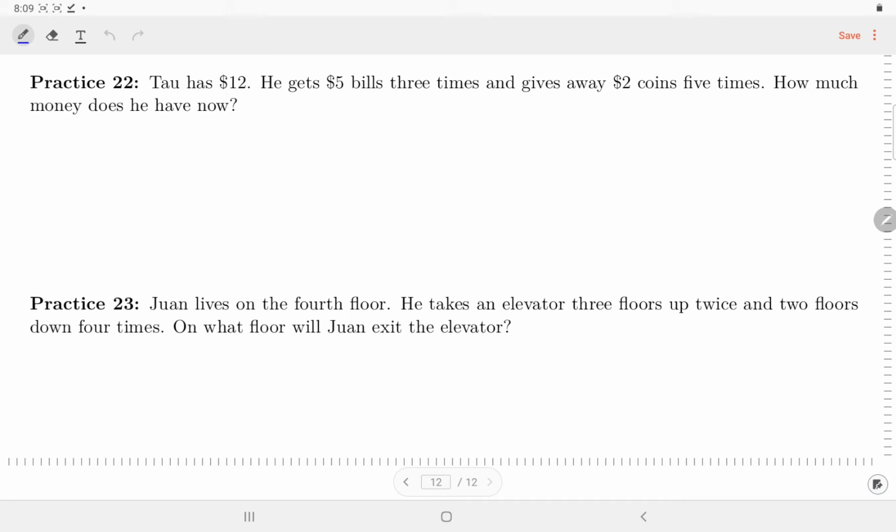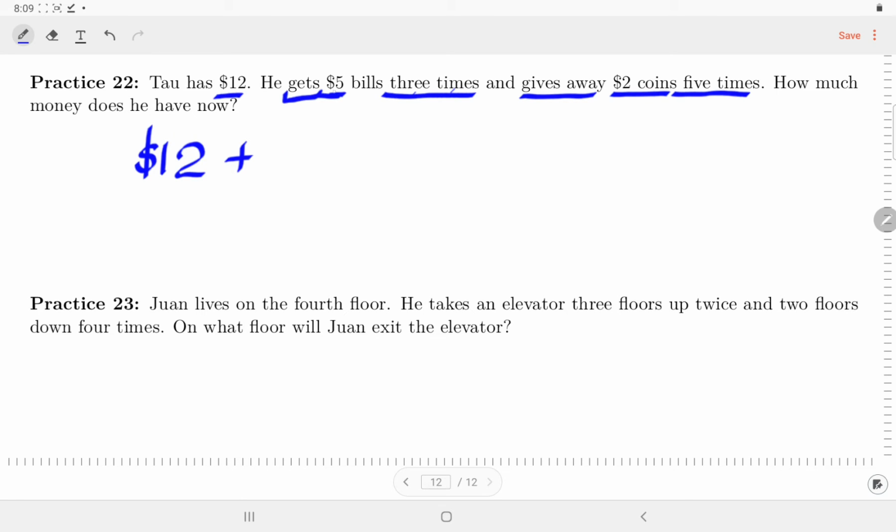Tao has $12. He gets $5 bills 3 times and gives away $2 coins 5 times. How much money does he have now? Let's write a number sentence. We'll start with 12 because that's how much he has. He gets means we're adding $5 bills 3 times.